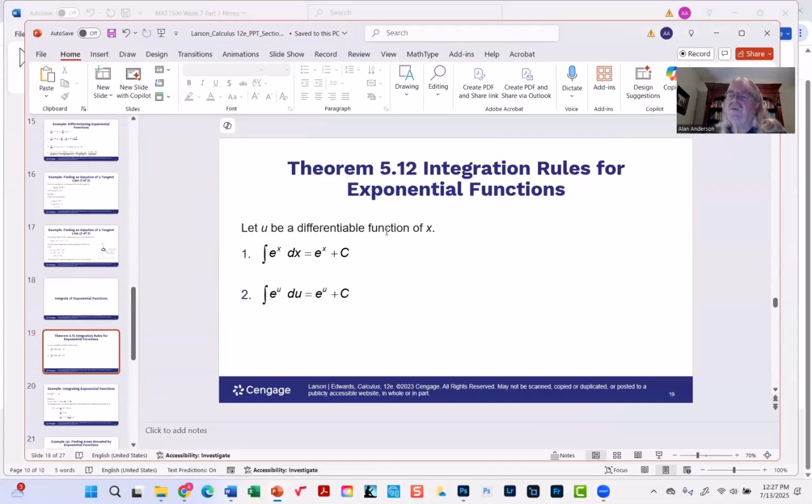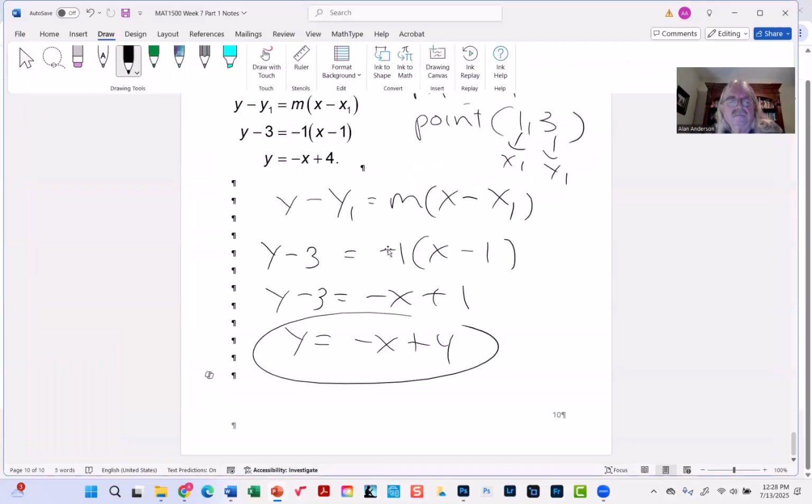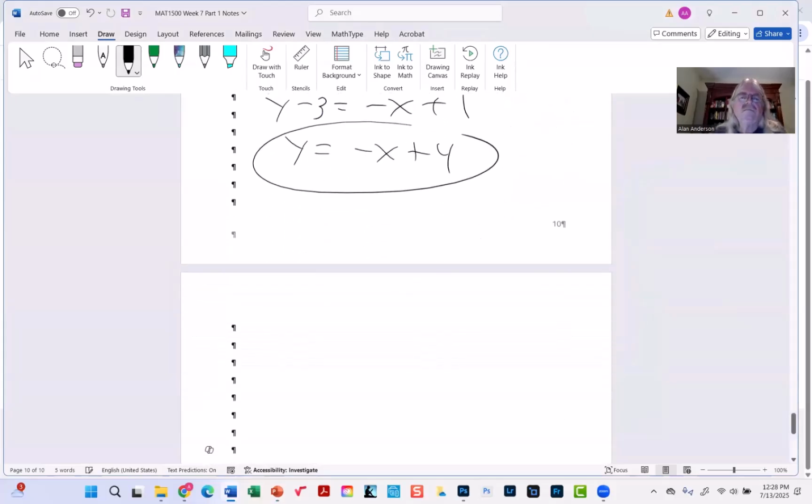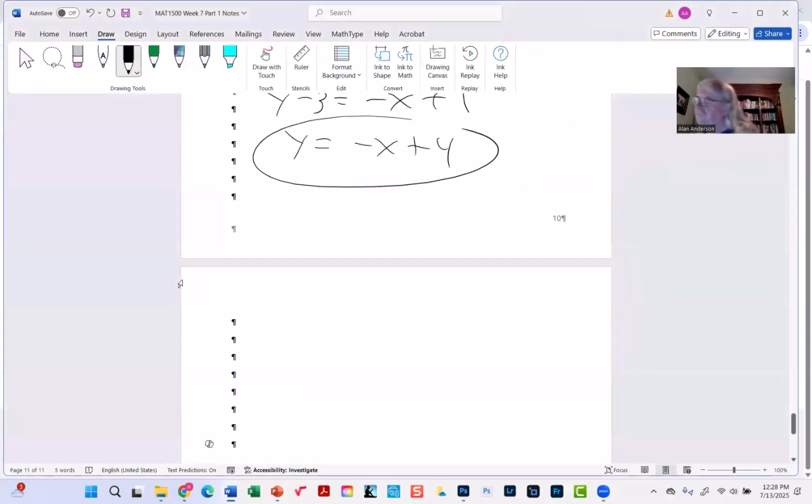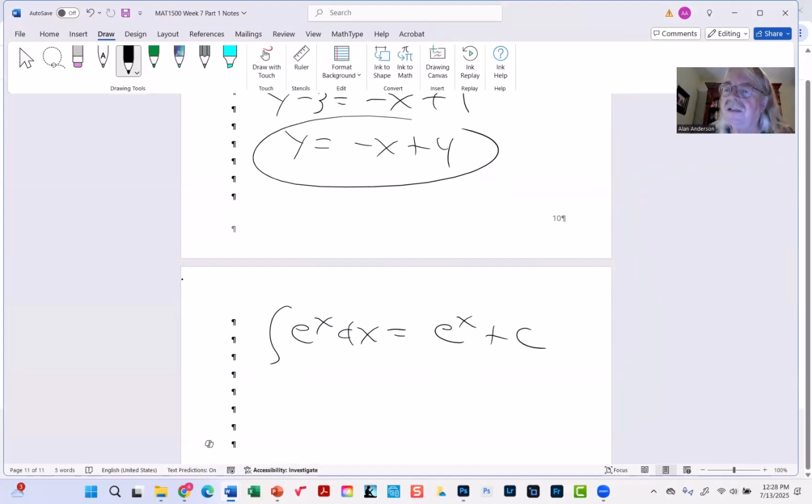Now, see, now we have to work this backwards. We have to learn how to take integrals of e to the x, or functions, e to some function of x, and the natural log of x. So first things first, the integral of e to the x is very simply, well, it makes sense because if the derivative of e to the x is just e to the x, the integral of e to the x must be e to the x.